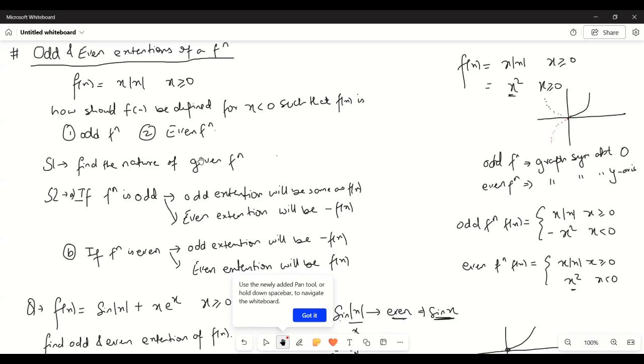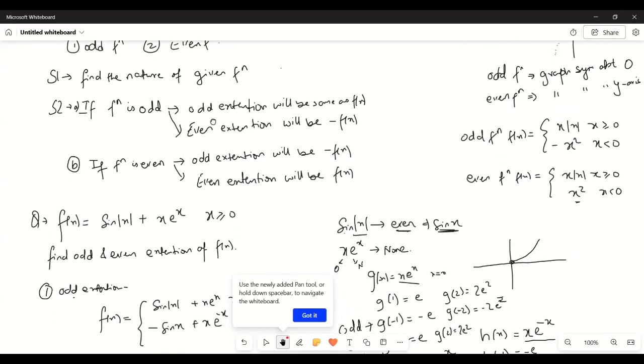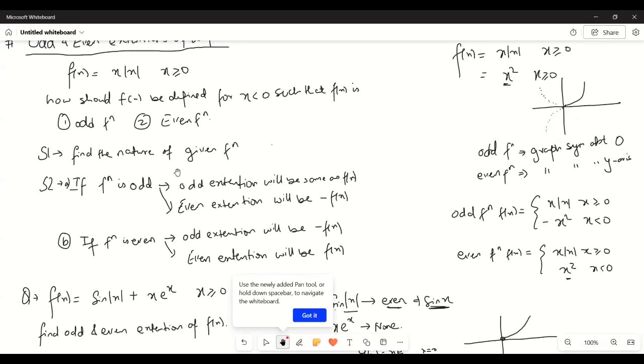ओके सर. Right. So इसके लिए as we discussed rules क्या होता है कि first we find the nature of f(x), कि भाई जो function given है उसका nature क्या है. ठीक है.